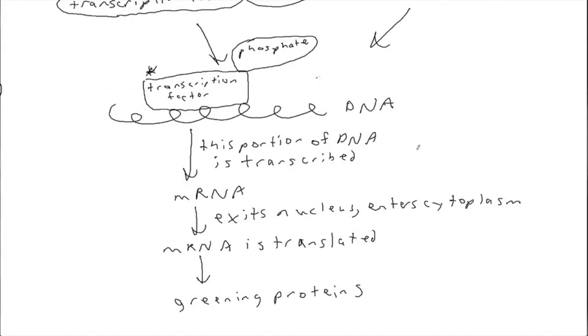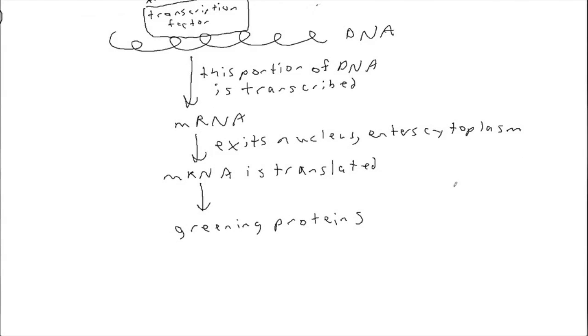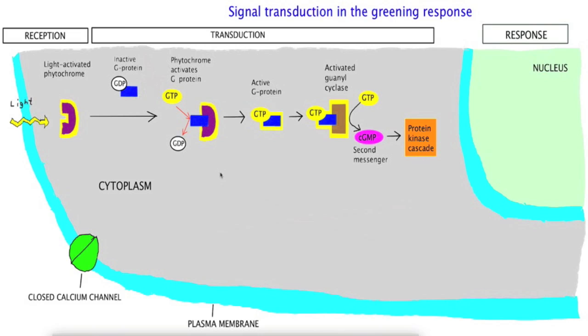Once it's transcribed, it becomes mRNA, and the mRNA leaves the nucleus, goes into the cytoplasm, and becomes translated. That creates the greening proteins that cause the response to the light, like producing the green leaves. Okay. So it's a pretty complicated Rube Goldberg type of situation.